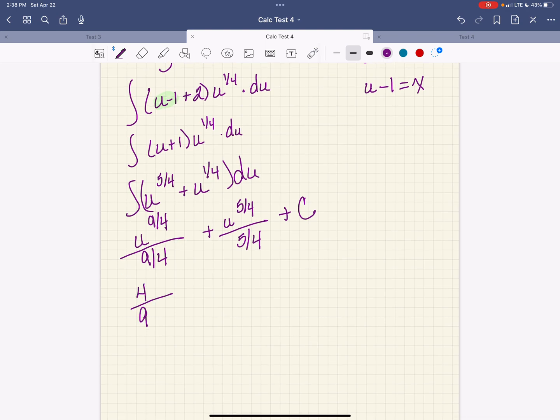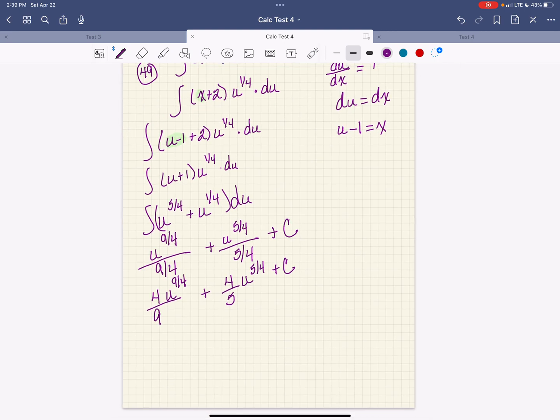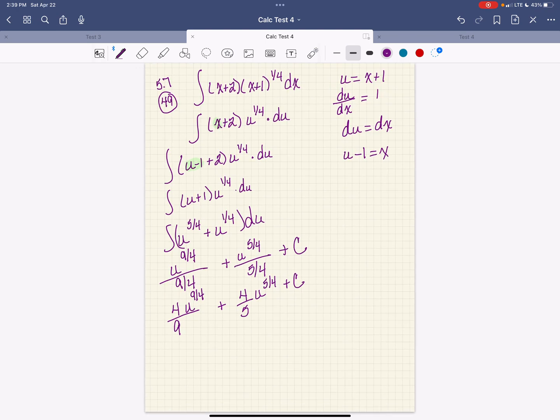So I have 4 over 9 u to the 9/4 plus 4/5 u to the 5/4 plus c. Okay, and now my last step is to take this u equals x plus 1 and plug it back in.